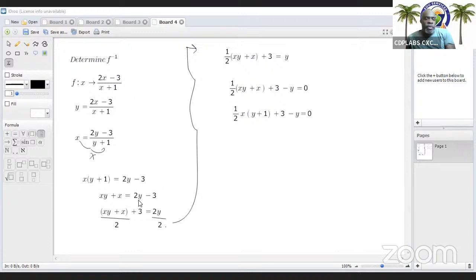Then we're trying to leave the y on the one side. So we carry over the minus 3, it becomes plus 3. So we're trying now to keep y on by itself. Now we can get rid of the 2.